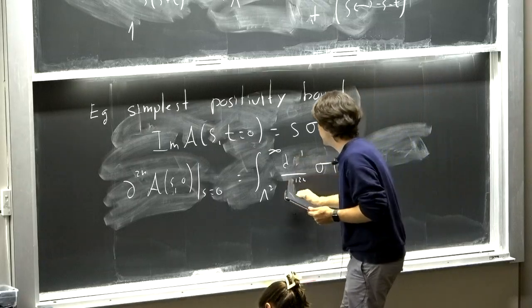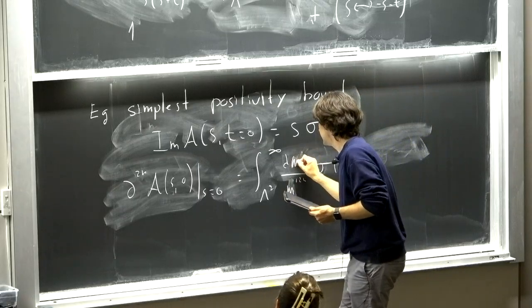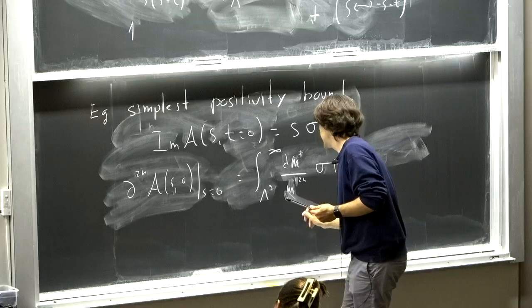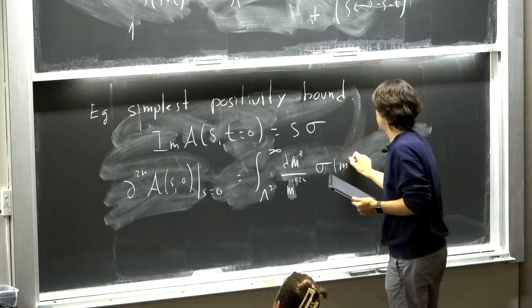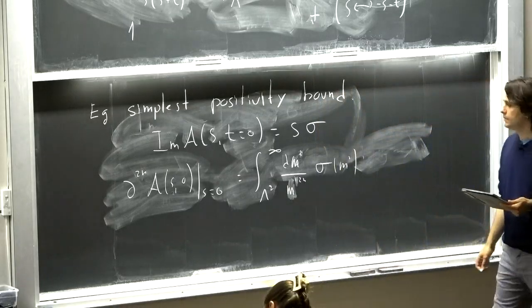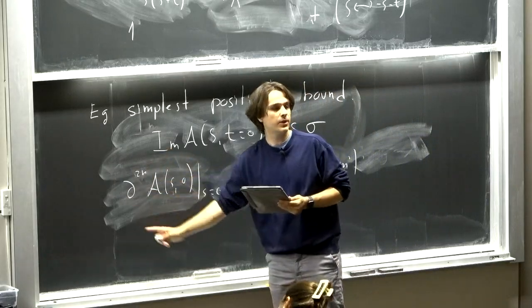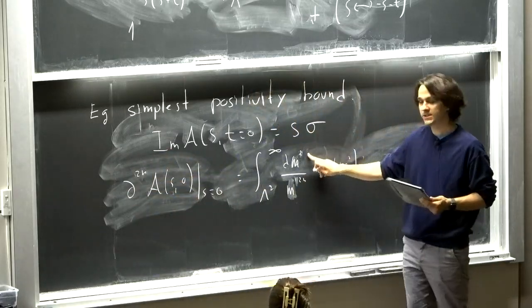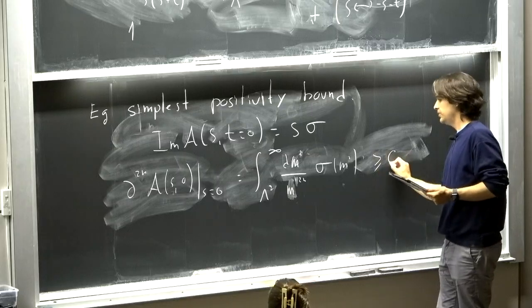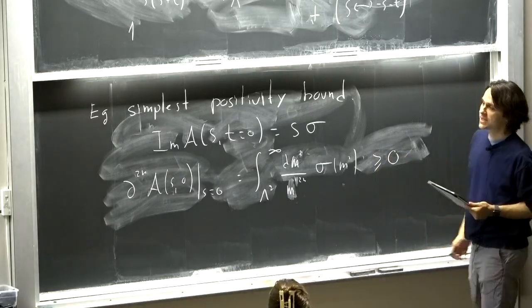So let me write this as m. So we can see that any term like this, all of these derivatives at low energy of the amplitude, because they're a positive integral of a cross-section, they need to be positive. So what does that give us in an example?